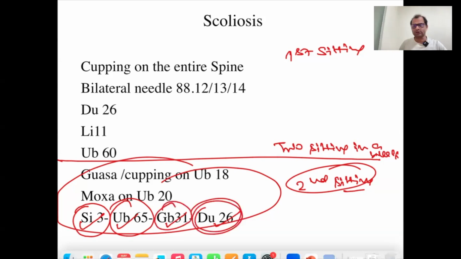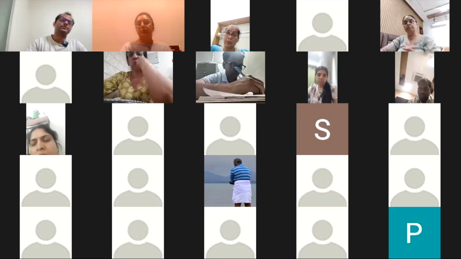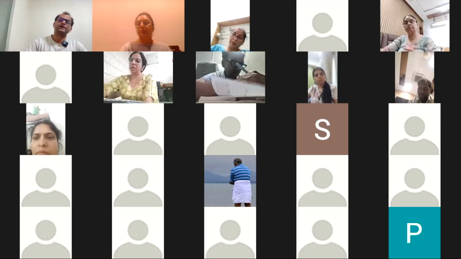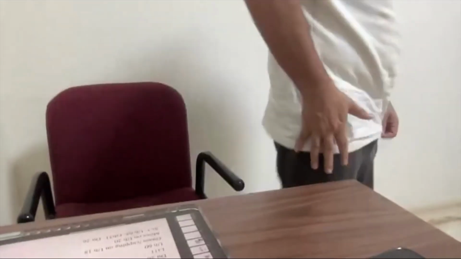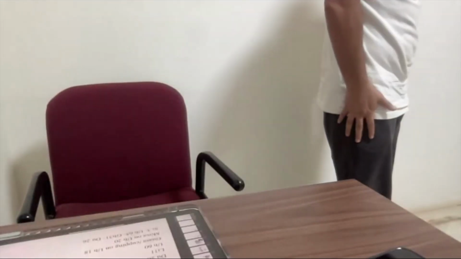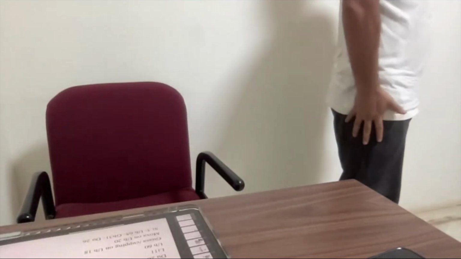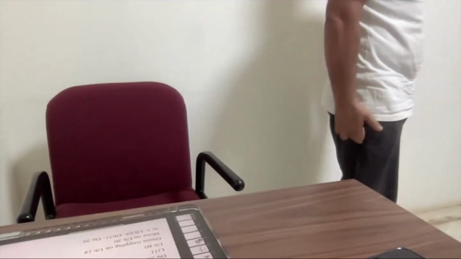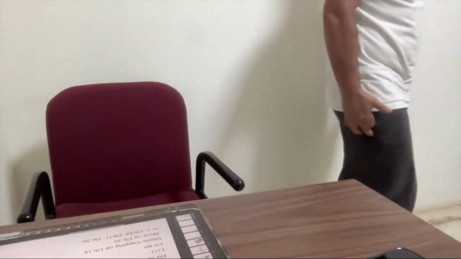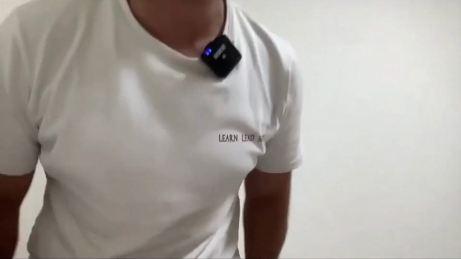And gallbladder 31 is very good point for expelling the bind, and this point is located here. अगर हम ऐसे खड़े हो जाए, so where my middle finger touching, if I am standing like this, so where my middle finger touching here, that is the location of gallbladder 31. वो हमारे gallbladder 31 की लोकेशन.